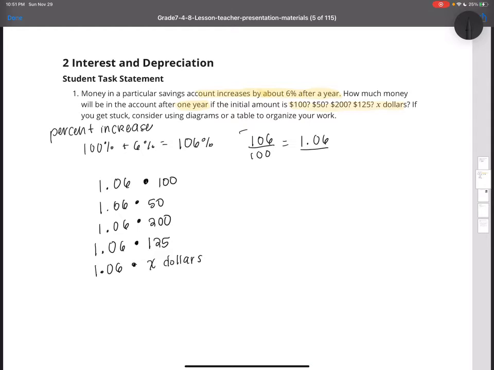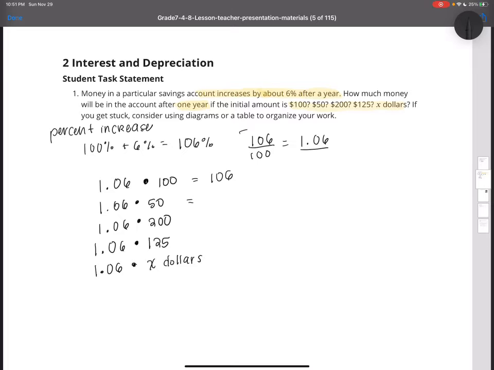Okay, so the first one was part of our bell ringer, 106 100ths. The 1.06 times 100 is equal to 106.